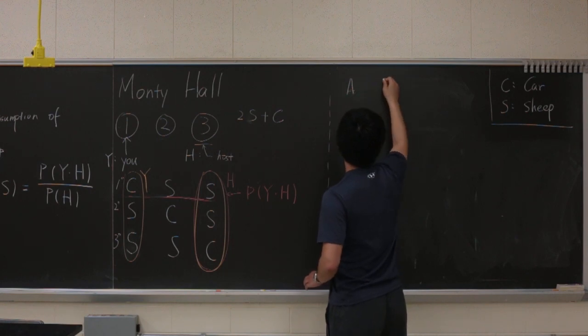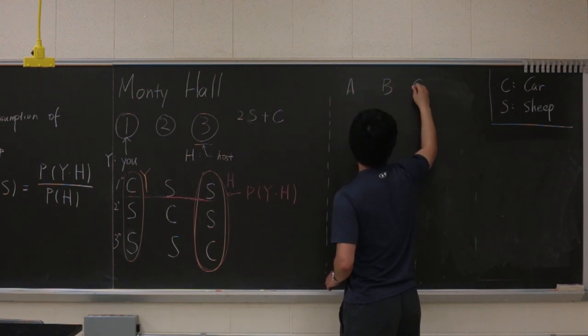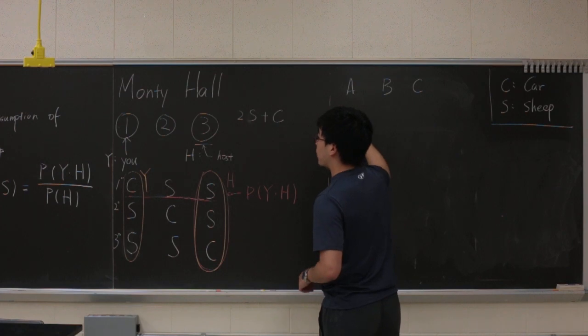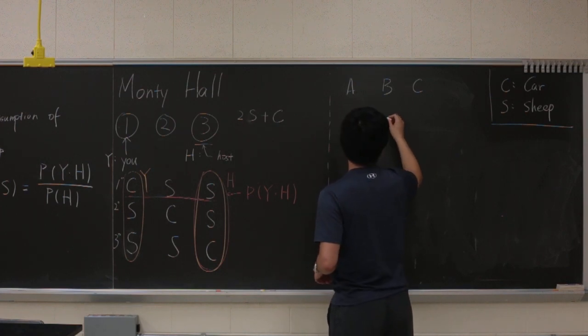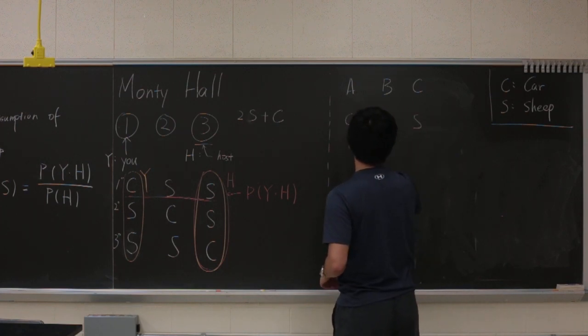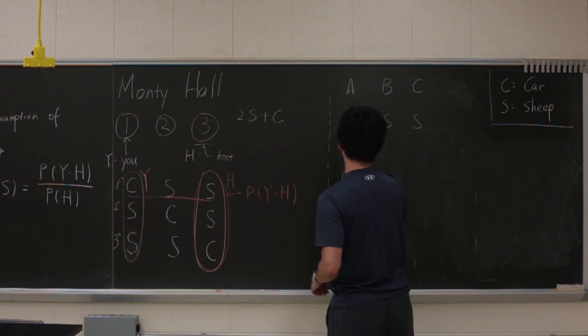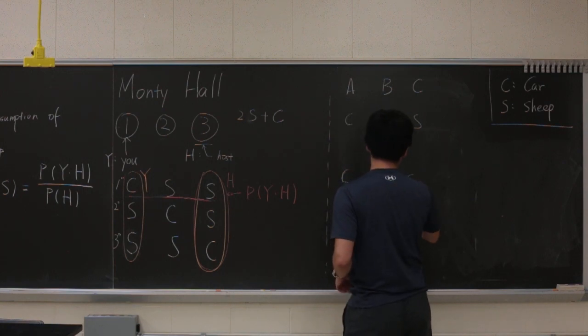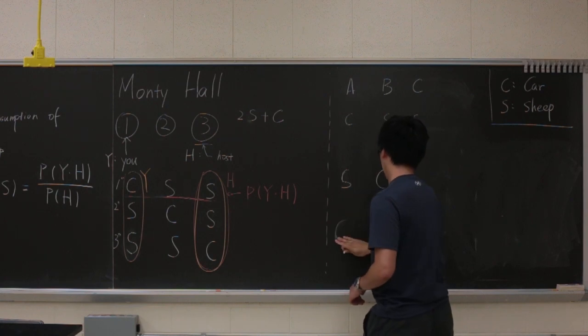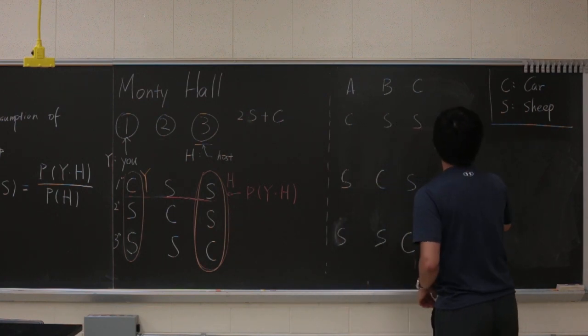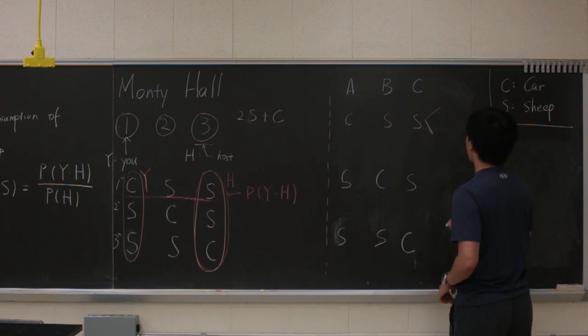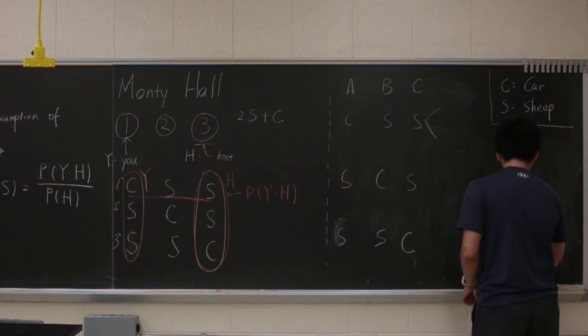So obviously we have doors A, B, and C. We have the car in door A, car in door B, car in door C, and there are 3 ways of you choosing.